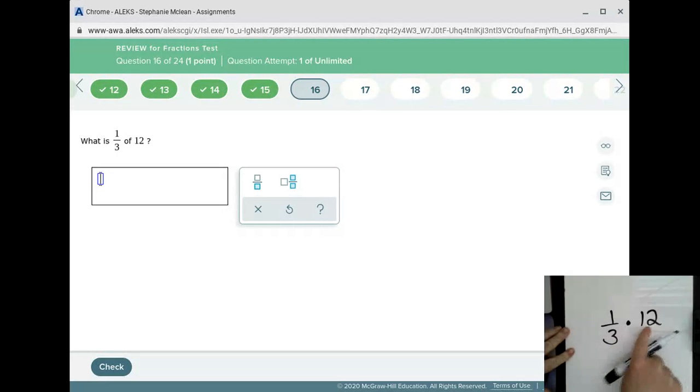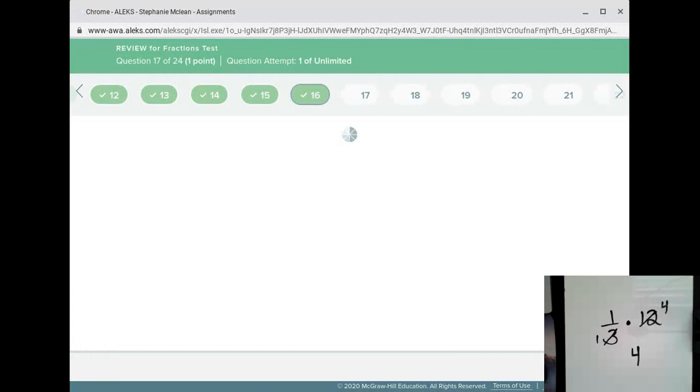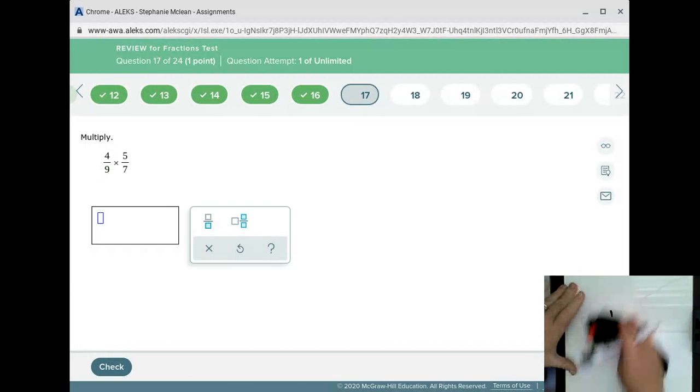So 12 divided by 3 is 4. And this just becomes 1. And then 4 times 1 gives me 4. So my answer is 4. That's the simplest way I have found to do fractions in my head.